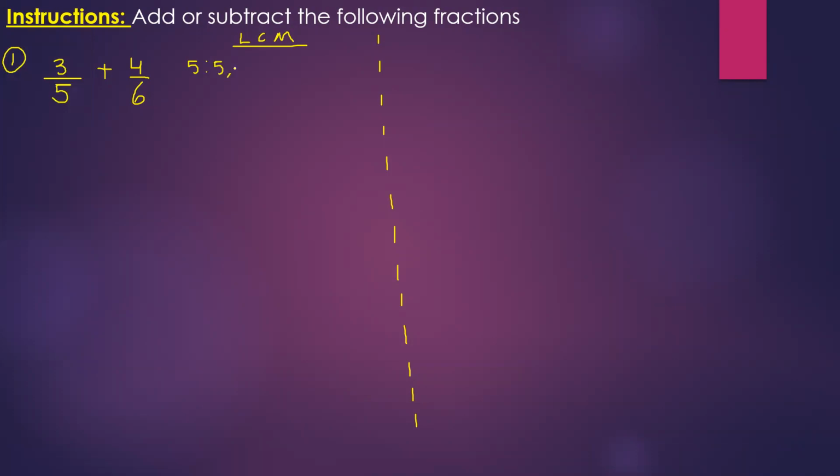So 5, 10, 15, 20, 25, 30, 35, 40. Now let's do the 6 times table.